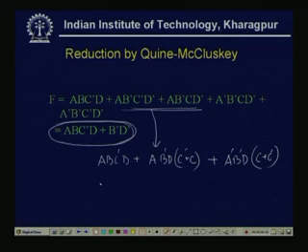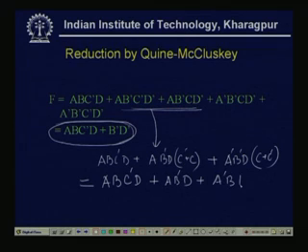Now, C plus C' is 1. So, this reduces to A B C' D plus A B' D' plus A' B' D'.